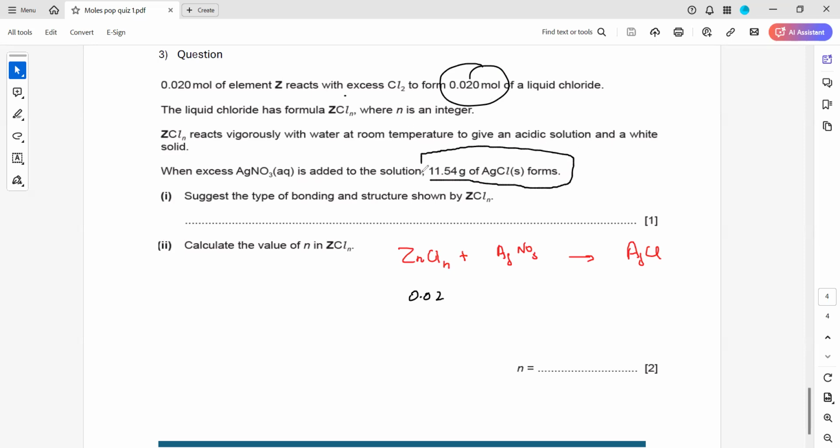So first we'll work out the moles of silver chloride. Moles equal mass in gram divided by molar mass. Mass in gram is 11.54. What about the molar mass of silver chloride, AgCl? Chlorine is 35.5. And what about silver? You have to use a periodic table. What is the mass of the silver?